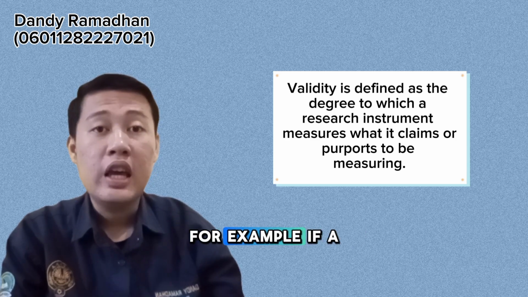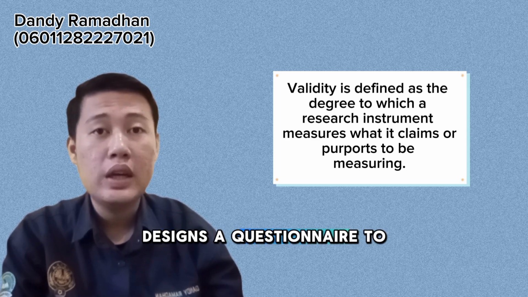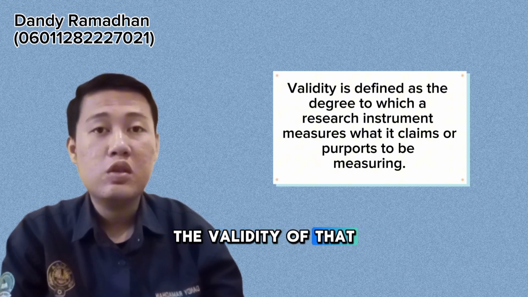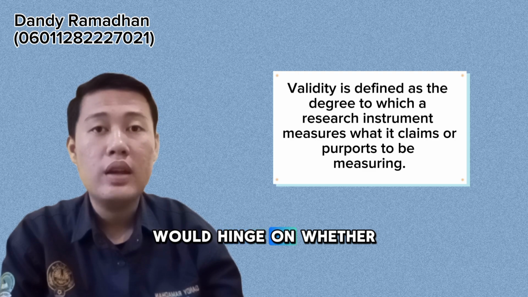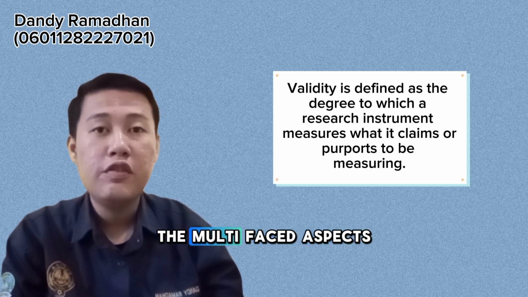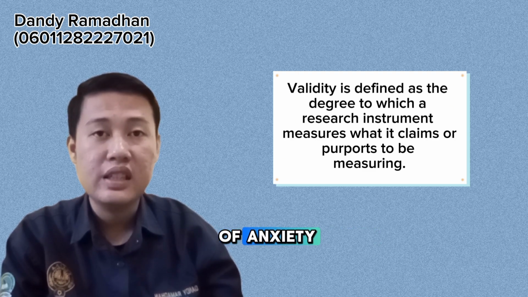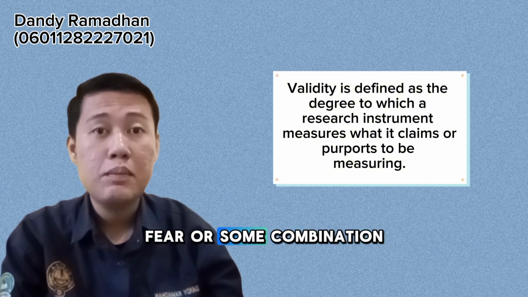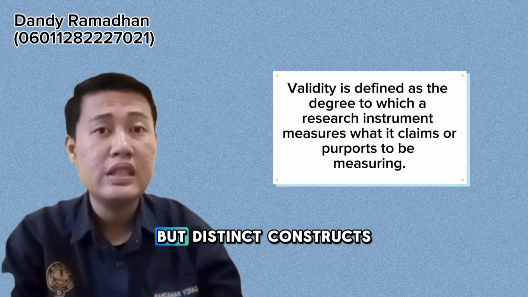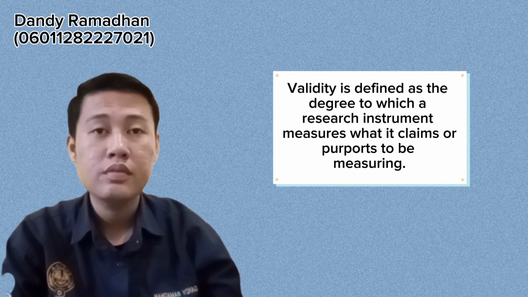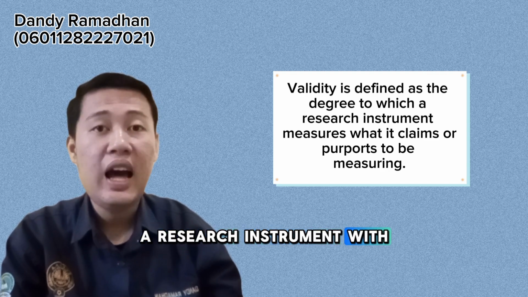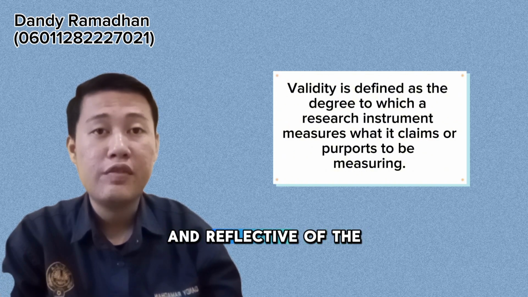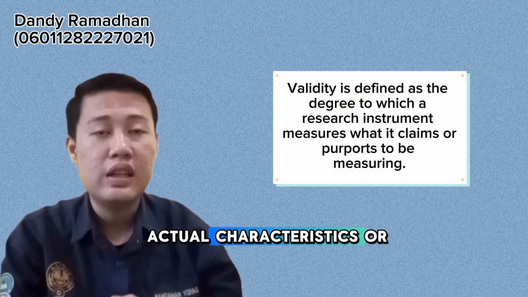For example, if a researcher designs a questionnaire to measure levels of anxiety, the validity of that questionnaire would hinge on whether it truly captures the multifaceted aspects of anxiety, rather than, say, stress, fear, or some combination of related but distinct constructs.